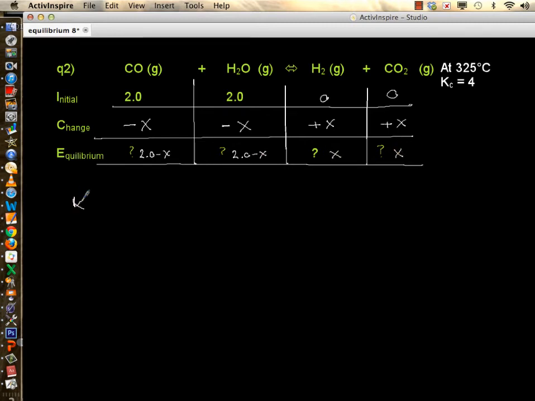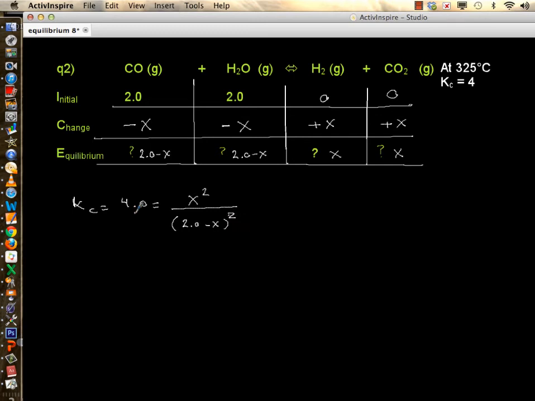Now Kc, now we know the value, which is 4, is products, hydrogen concentration times carbon dioxide, which is x squared, divided by the concentration of carbon monoxide and H2O, which is 2.0 minus x multiplied by 2.0 minus x, which is squared.